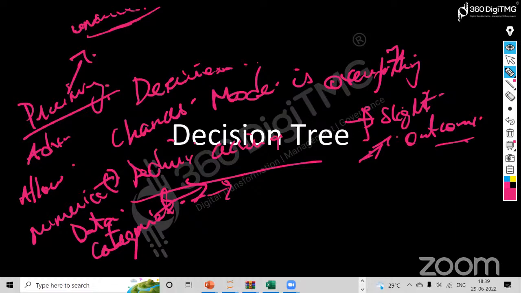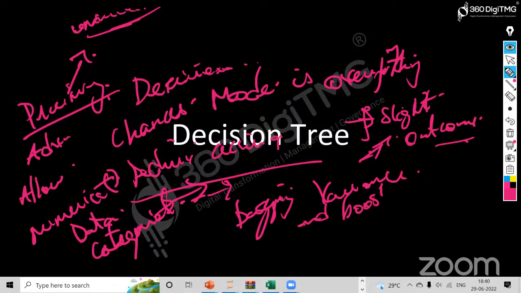Okay. And this is called variance, and this can be lowered by techniques called bagging and boosting.